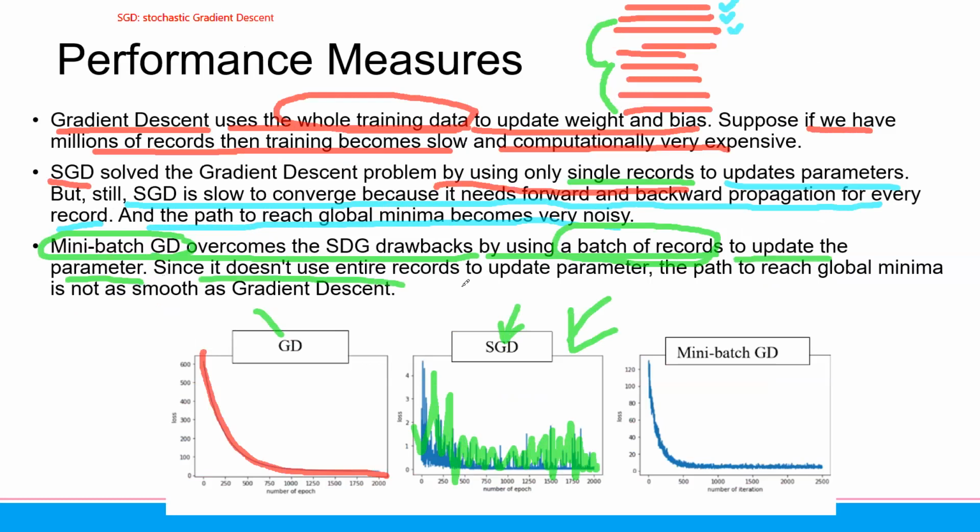Since it does not use the entire data to update parameters, the path to reach the global minimum is not as smooth as gradient descent. So the result in the gradient descent is smooth, but in the mini-batch GD, it still has some noise, but it is better than the stochastic gradient descent.